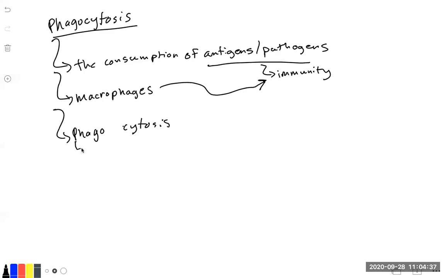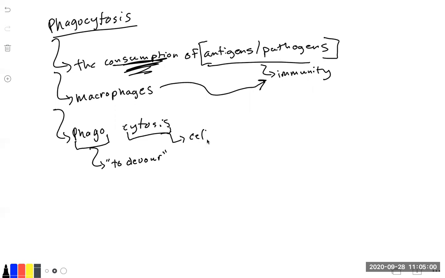So, phagocytosis. Phago is Latin for the phrase to devour. Easy to think. We are consuming something, and it's usually a pathogen or antigen that we are consuming. And as we've discussed before, cytosis just refers to the cell. And let's go ahead and break down the word macrophage.